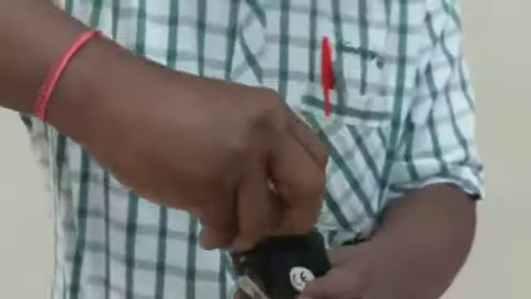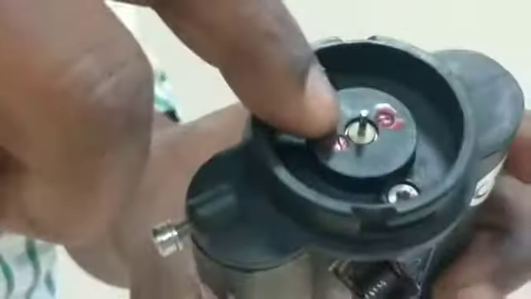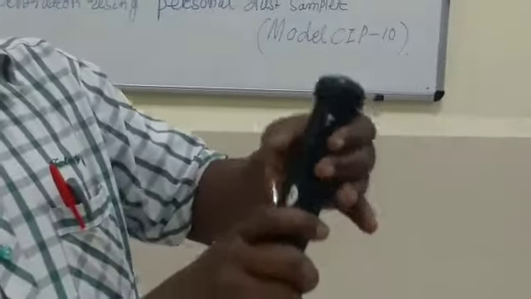You can see the shaft of the motor, and over that this rotating cap has been pressed. You take the initial weight of this rotating cap, fit it, and do your work anywhere.